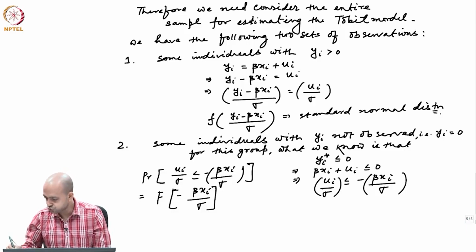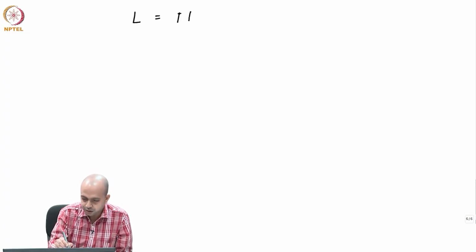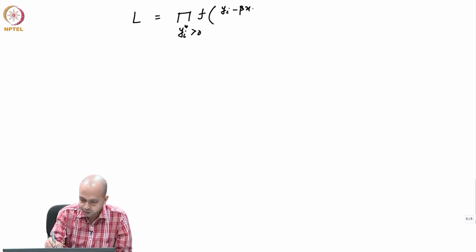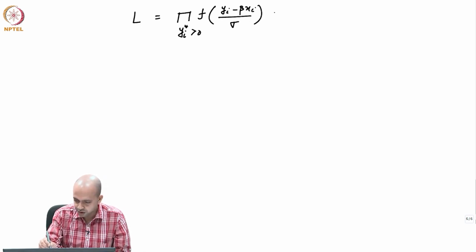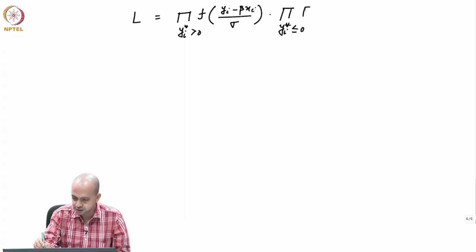So if you combine these two, then you can write your log likelihood as: for individuals for which yi star is greater than 0, yi minus beta xi by sigma, multiplied by, for households for which yi star is less than or equal to 0, minus beta xi by sigma.